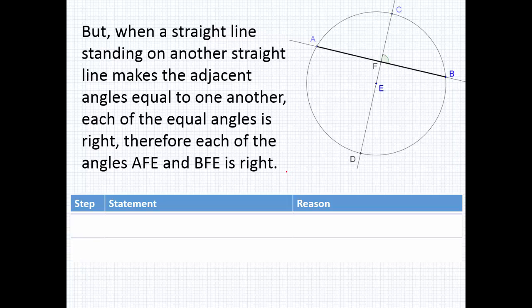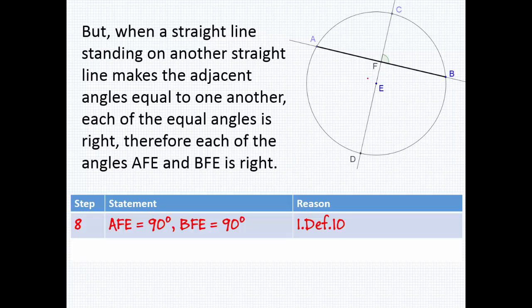Next, the text of the proof says, but when a straight line standing on another straight line makes the adjacent angles equal to one another, each of the equal angles is right. Therefore, each of the angles AFE and BFE is right. That's a reference to Book 1, Definition 10, where we found that if we have one line standing on another line and the angles on each side are equal, then they must be right angles.